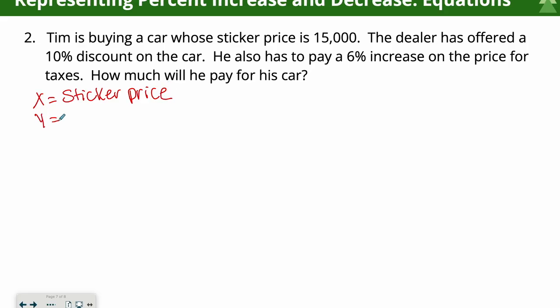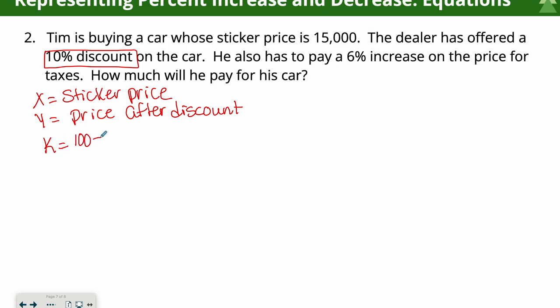And then we have the price after the discount, which is a 10% discount, which makes K 100 minus 10 divided by 100, or 90 divided by 100, which is 0.90 as a decimal, making the equation 0.9x equals y.